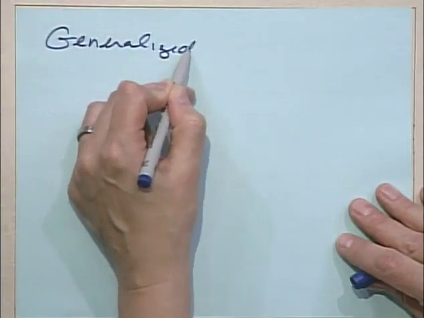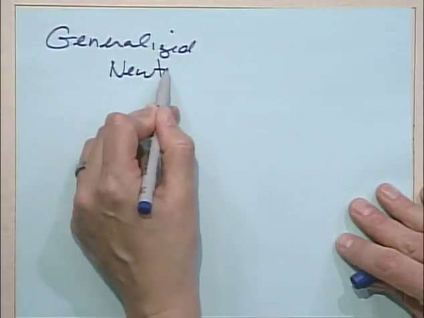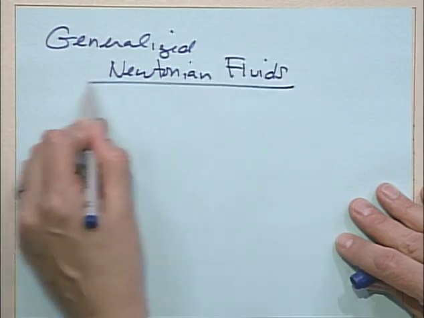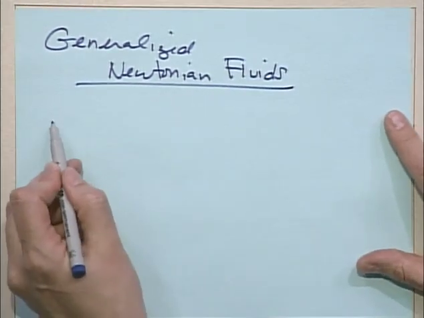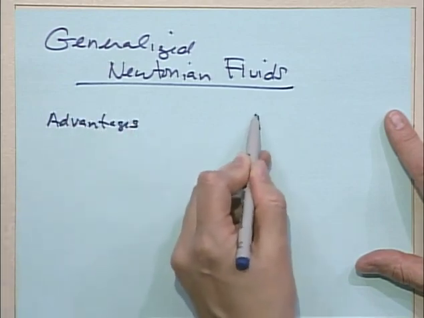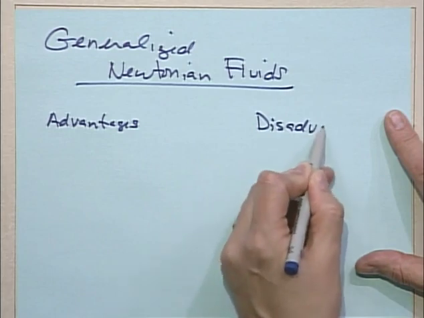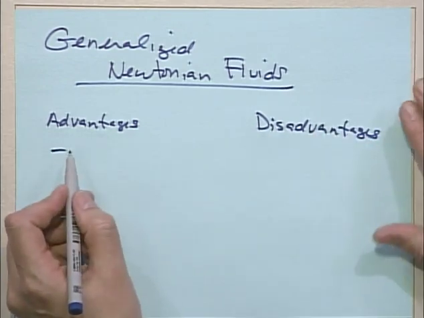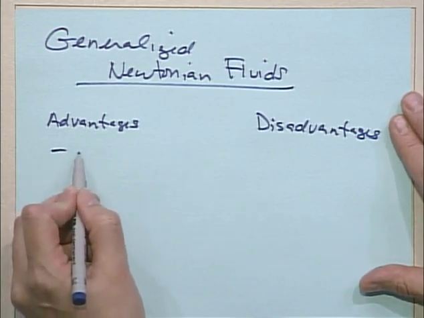So this is really all I wanted to say about the power law models, the generalized Newtonian fluids. They have advantages and disadvantages. The advantage is that they're pretty good in pressure drop flow rate calculations.